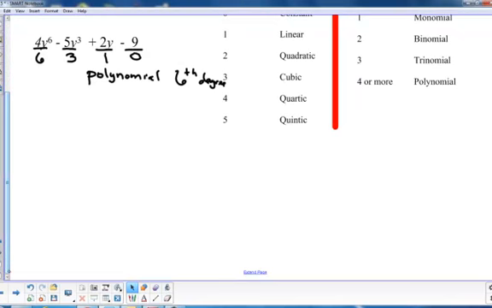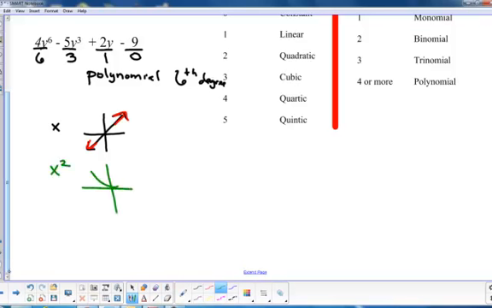Just a little extra here. If you have an x equation, your line goes like this, where the end behavior is in the opposite direction. And then if you have an x squared, overall your line's going to go like this, where your end behavior is in the same direction.